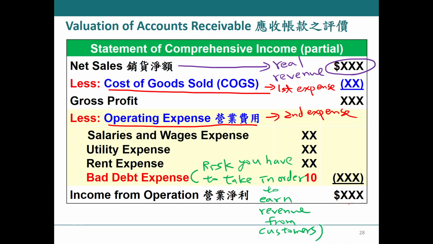You have to consider different kinds of expenses. So real profit from customers. Okay? Any questions?